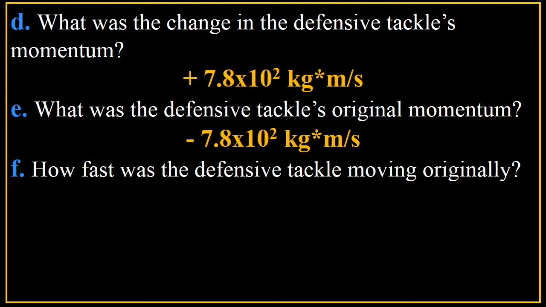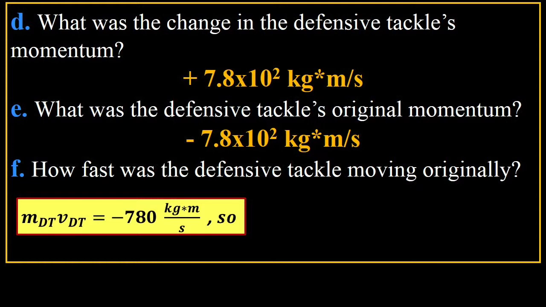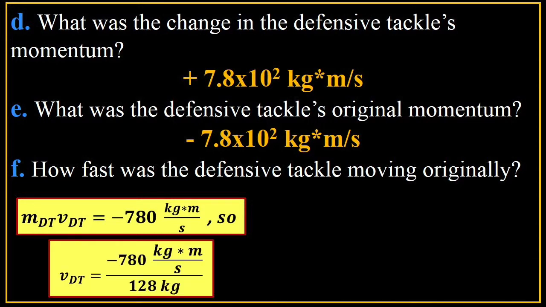It says, how fast was the defensive tackle moving originally? Remember, the original velocity of the fullback was positive. Do you remember that?